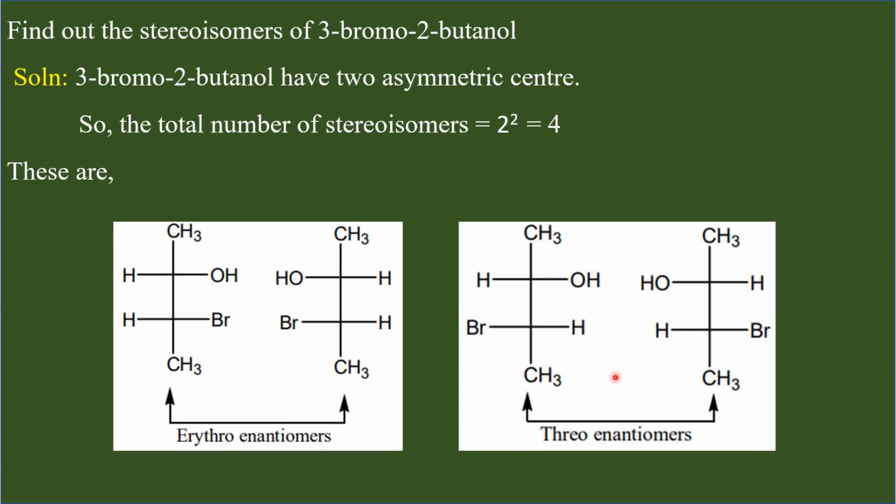threo enantiomers. Therefore, so far we have discussed how to assign the relative configurations, DL configurations, for molecules, and what are the demerits of the DL configuration, and how we assign RS configurations, the absolute configurations, for chiral centers, and what are the advantages of the RS nomenclature over the DL nomenclature, and what is meant by erythro-threo notation, how we apply these erythro-threo notations, and for what type of molecules we apply them.